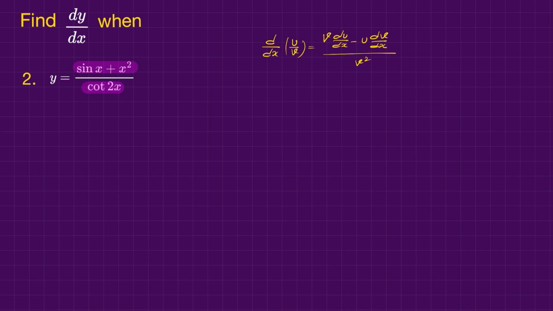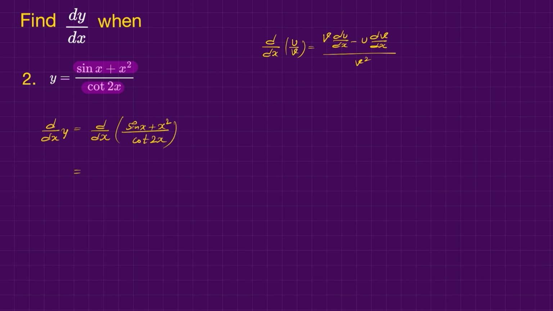So differentiating both sides with respect to x, that is d/dx of y equals d/dx of (sin x + x²) divided by cot 2x.